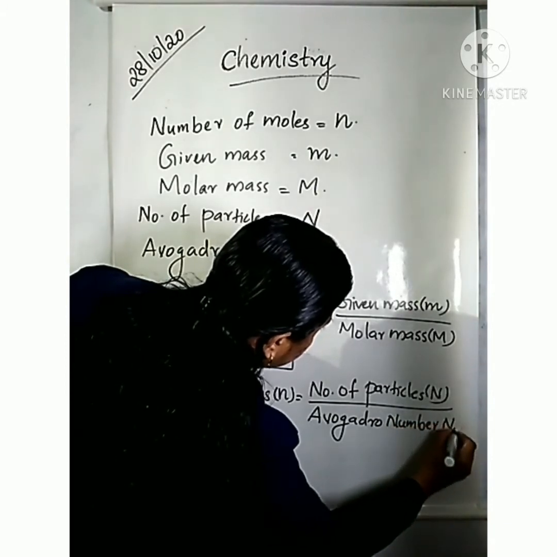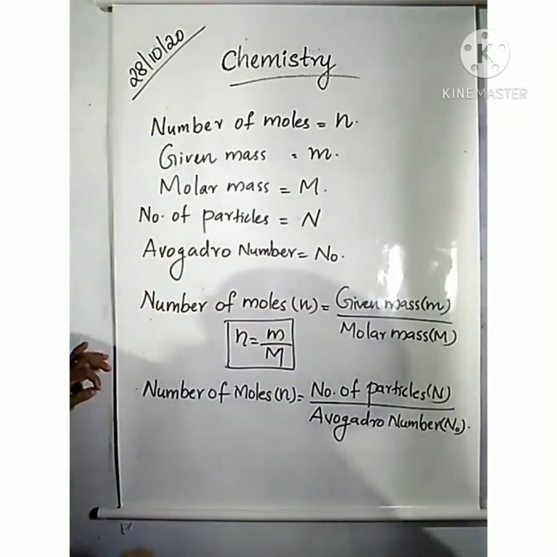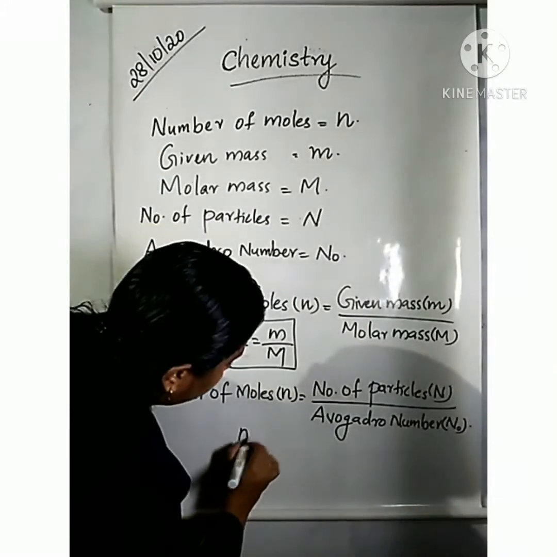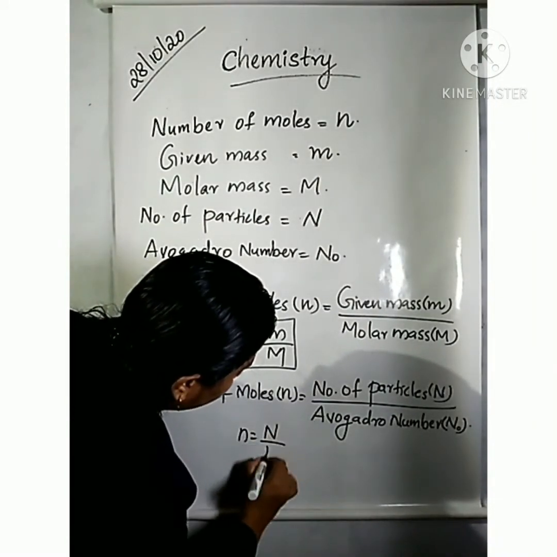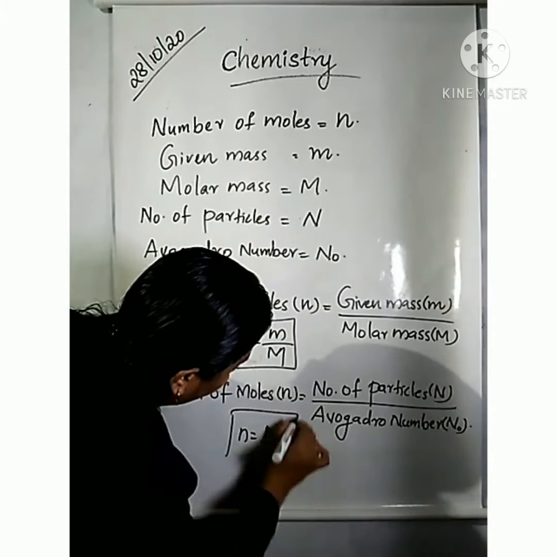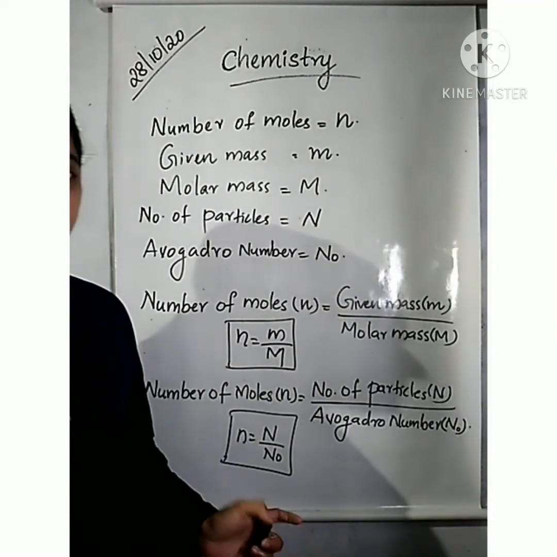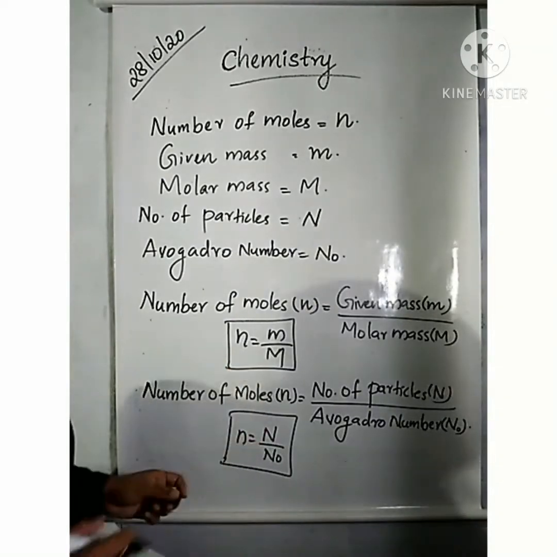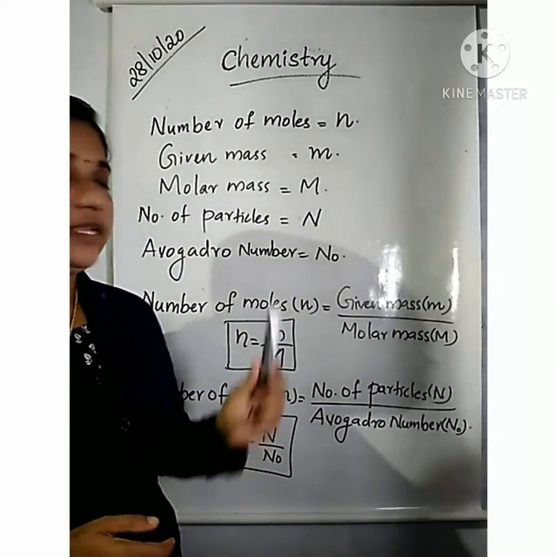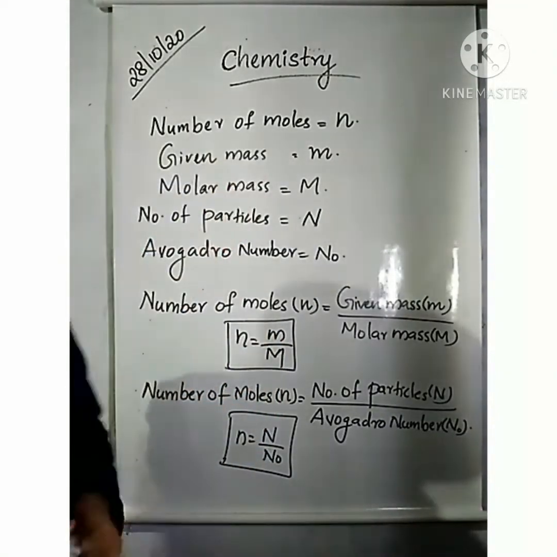That is represented by N0. So, this equation will be n equal to capital N by N0. By using these two equations, we can find out the number of moles.